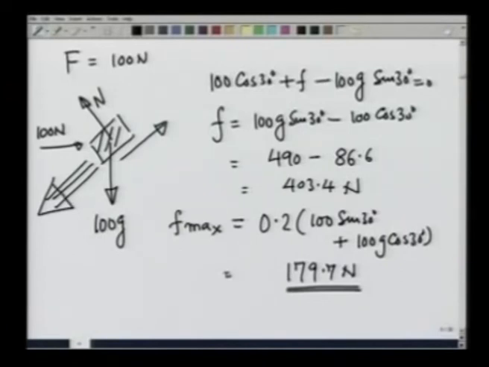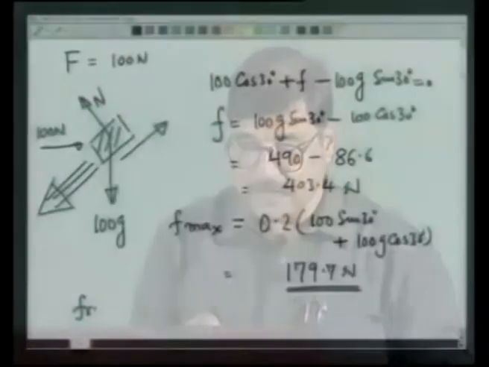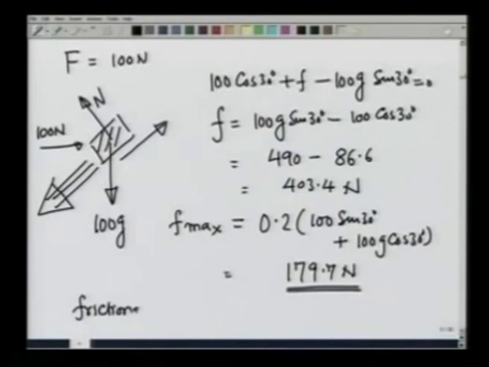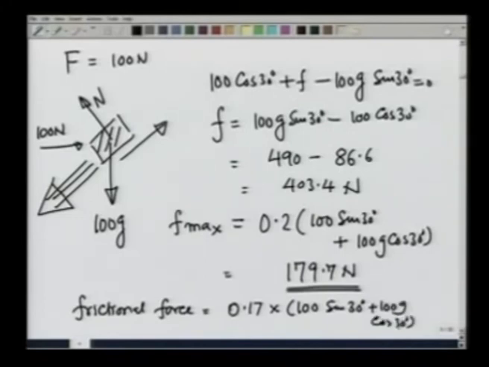If the block starts sliding down, that means the frictional force will no more be static, and frictional force in that case would be the kinetic friction, which will be 0.17 times 100 sine 30 degrees plus 100 g cosine of 30 degrees. Let me write it again, because now the block is sliding down.